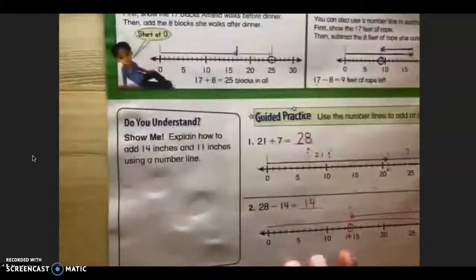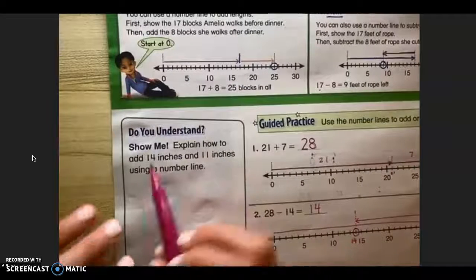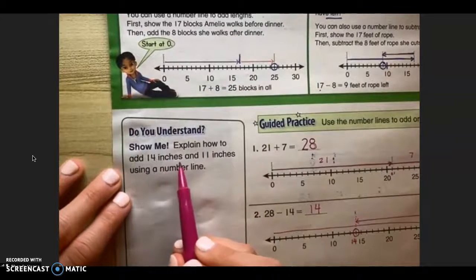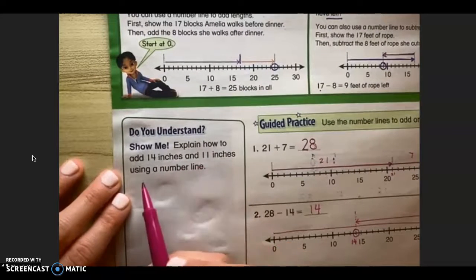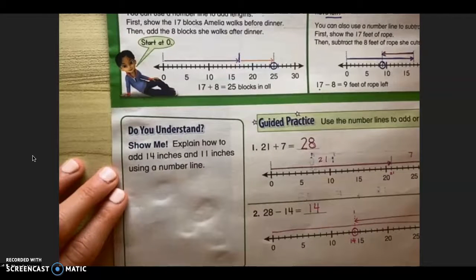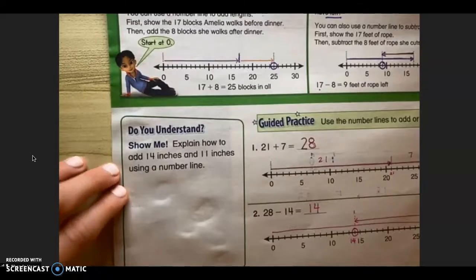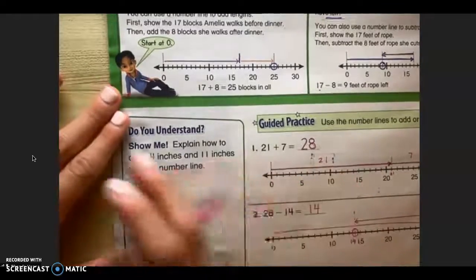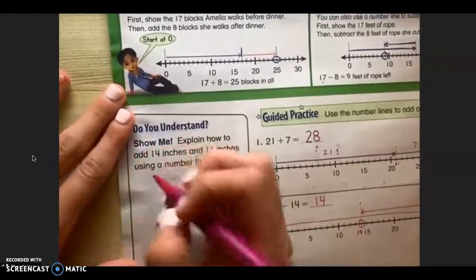For the do you understand, it just says explain how to add 14 inches and 11 inches using a number line. So I know if I were to use a number line, I would first have to draw and label a number line that starts at 0. So I can write that down for you right here.